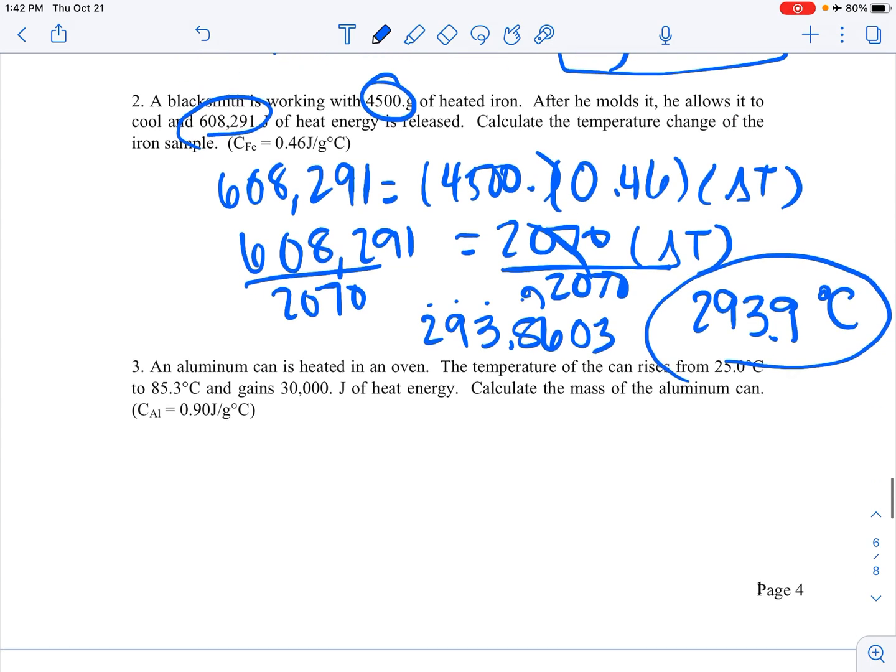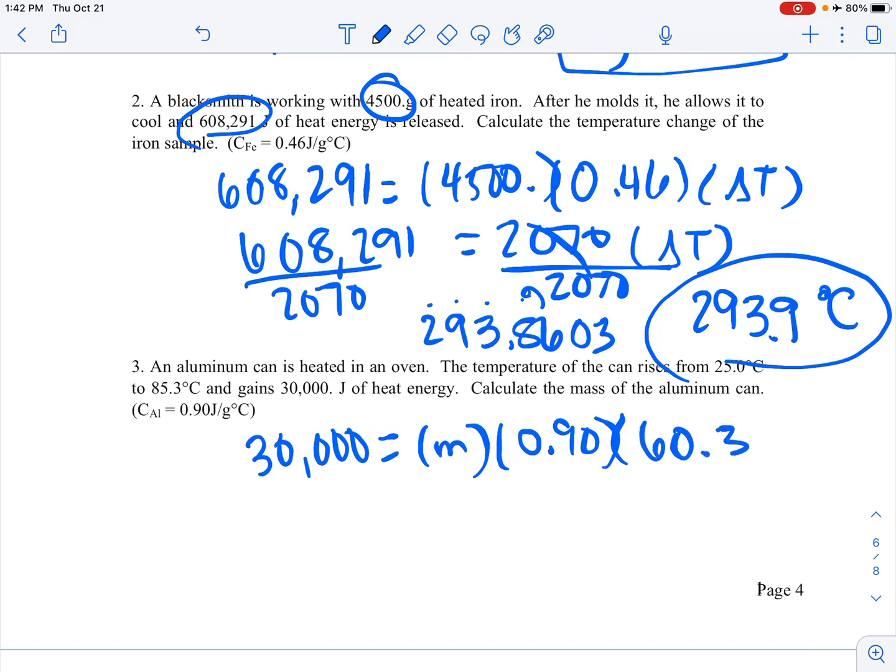Okay, next. Calculate the mass. So 30,000 equals mass times specific heat of aluminum. T final, 85.3 minus T initial, 25. So it's 60.3. 60.3 times 0.9 is 54.27 times m.